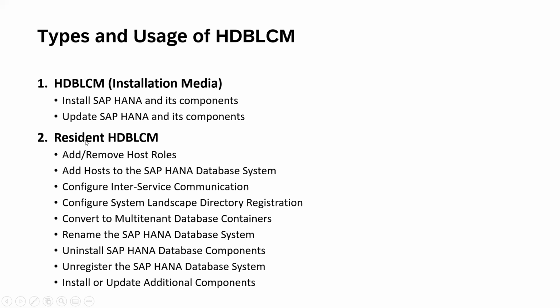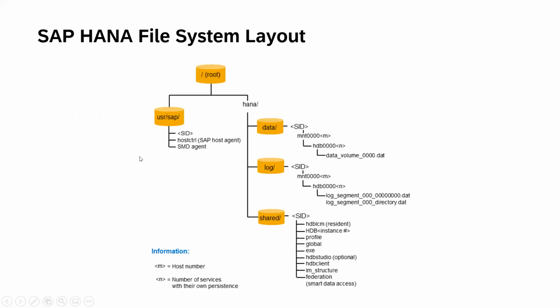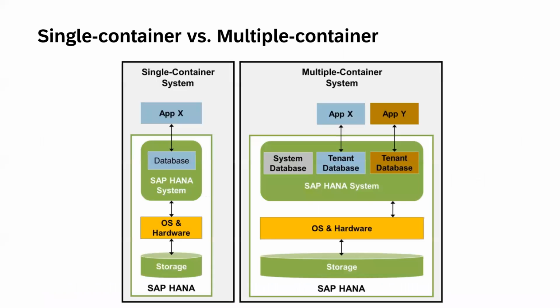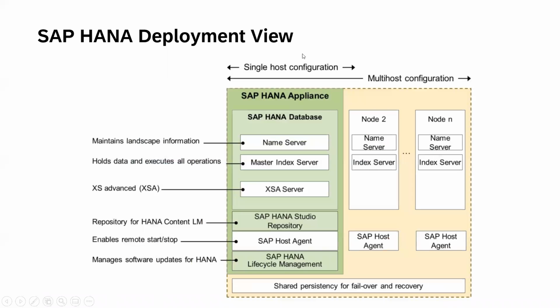But from the resident HDB-LCM, what else can you do? You can add and remove host roles. So what are these host roles? If you remember, I showed you the multiple host installation earlier: single host configuration and multi-host configuration.